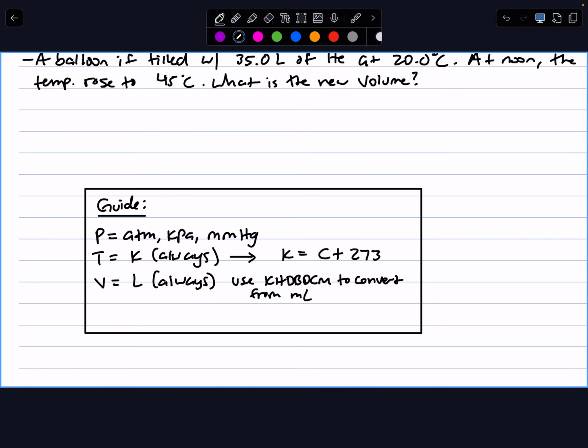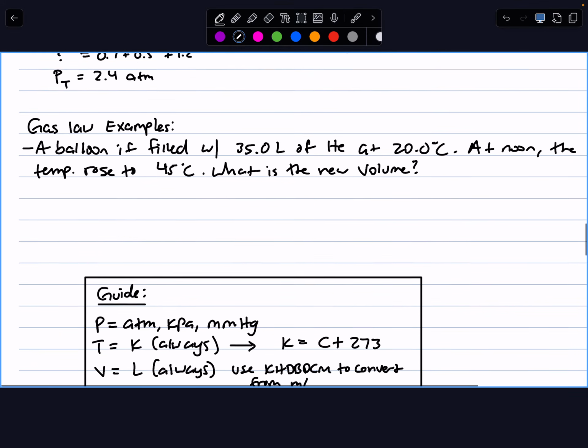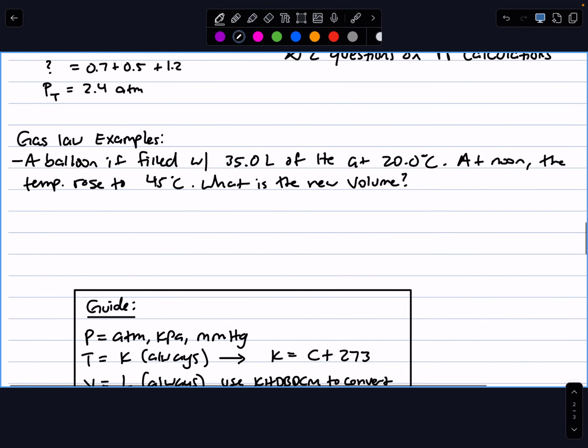Those are my units. Solubility is grams per liter or moles per liter, it could be either one. But this is gas laws, and this is just in general.